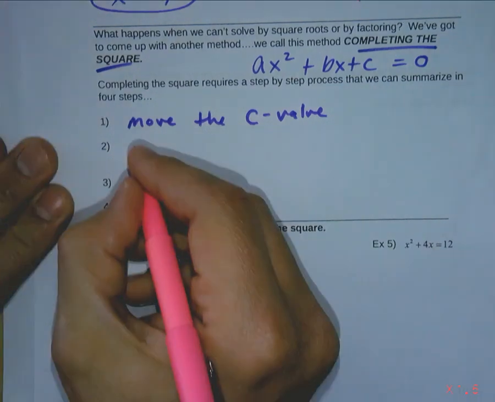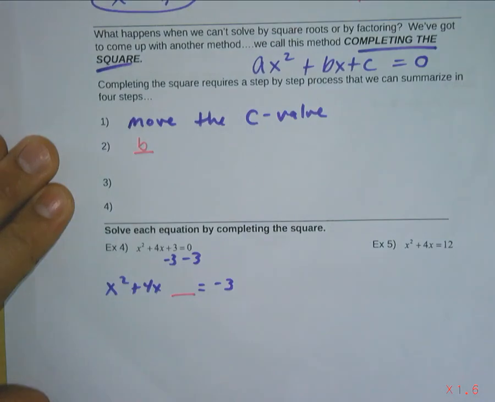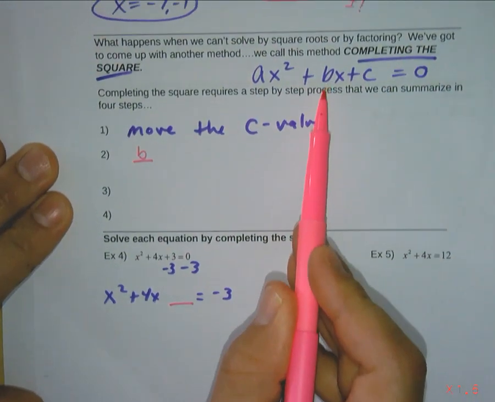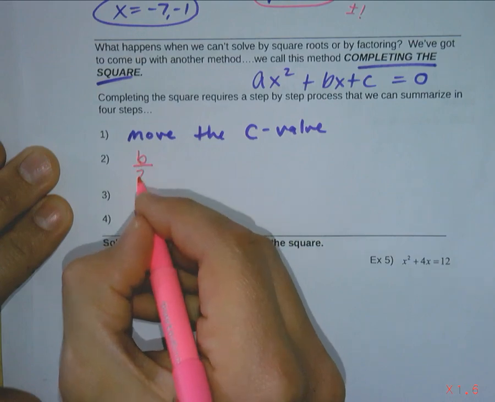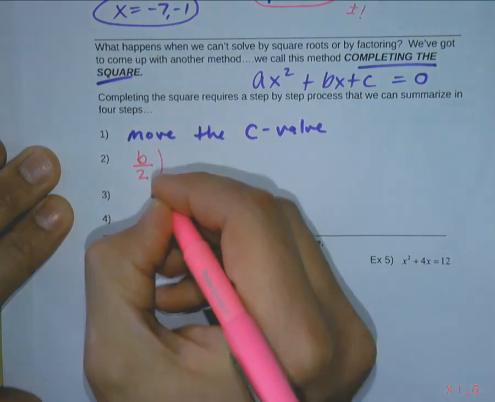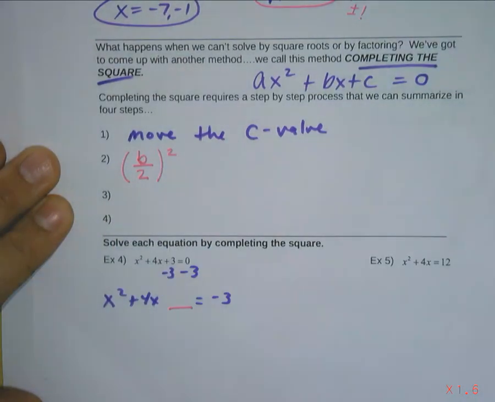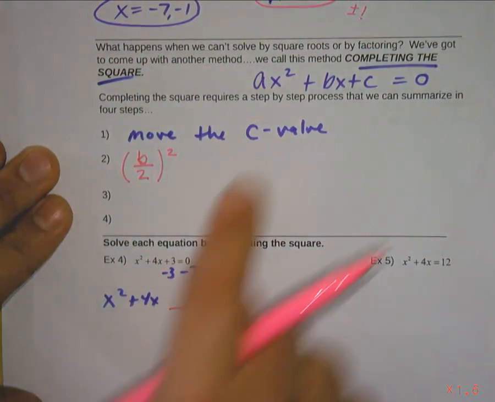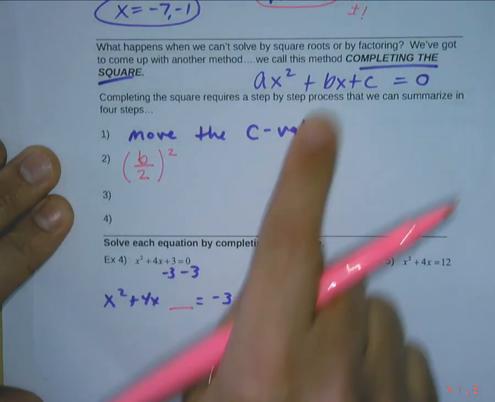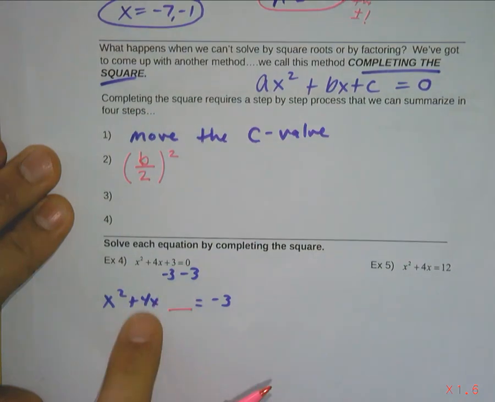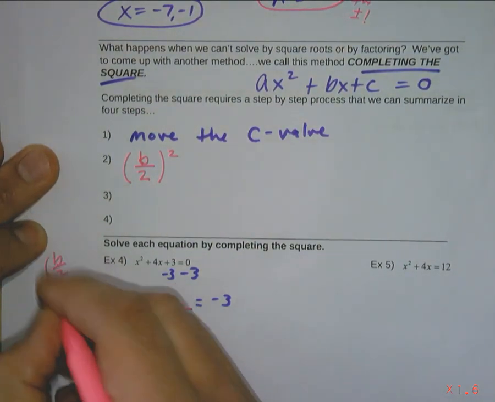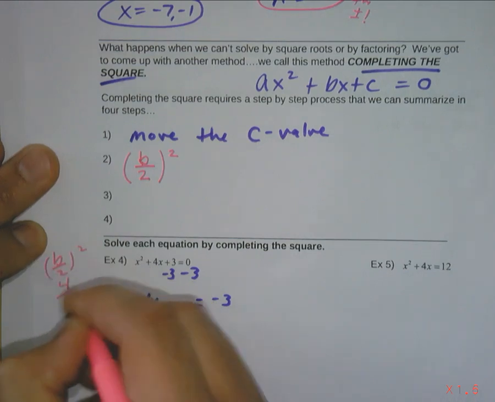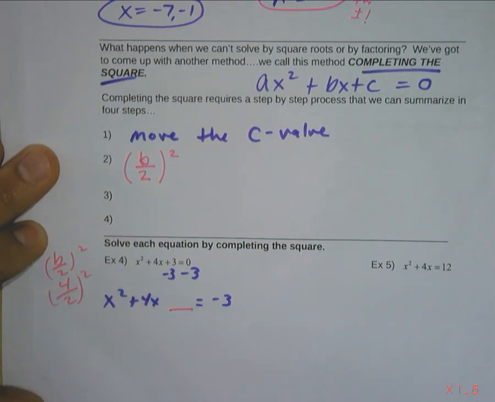We're going to take the b value. The b value is the number in front of x. We're going to divide it by 2, and then we're going to square it. So as I take a look, I'm going to take the number in front of x. So in this case, I'm going to take 4. I'm going to take 4, divide by 2, and square it.